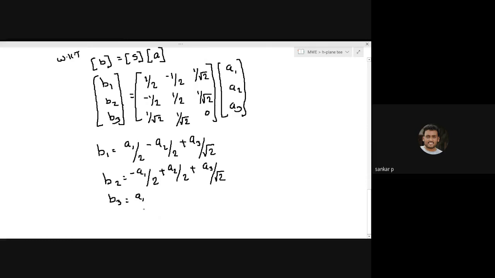And B3 is equal to A1 by root 2 plus A2 by root 2. Okay, these are the conditions we got.